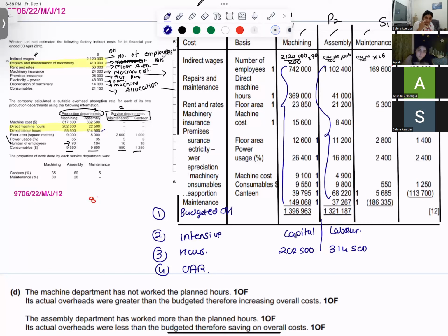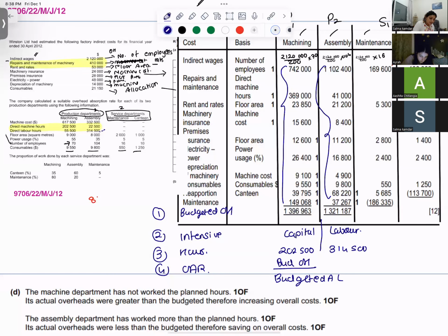So you have to calculate the overhead absorption rate. That means the rate that you're going to charge that product per hour that has been used. So how do you get the overhead absorption rate? You get it as budgeted overheads upon budgeted activity level.